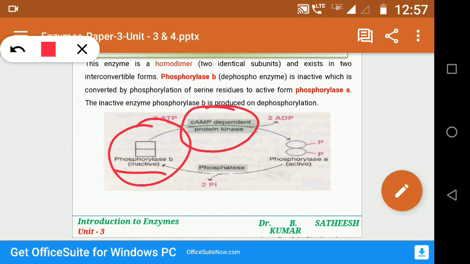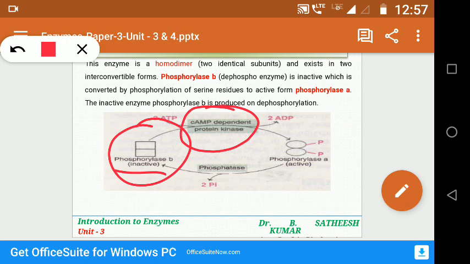The hormones will sense the lower glucose levels in the blood, and because of that, glucagon is a hormone that induces the breakdown of glycogen into glucose. Because of that hormone mechanism, cyclic AMP dependent protein kinases will be active.